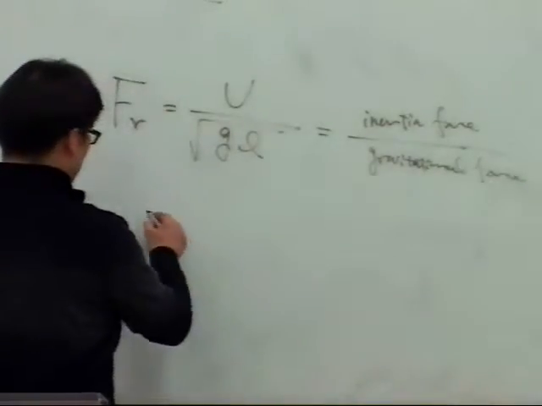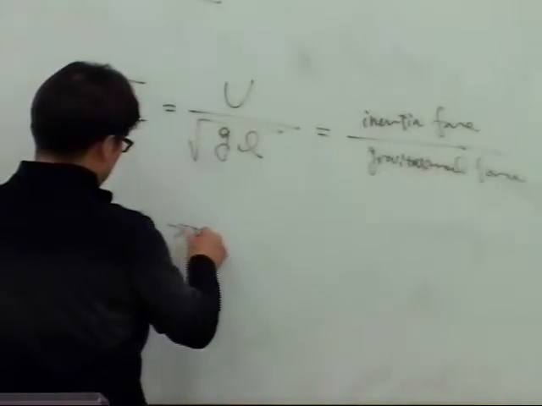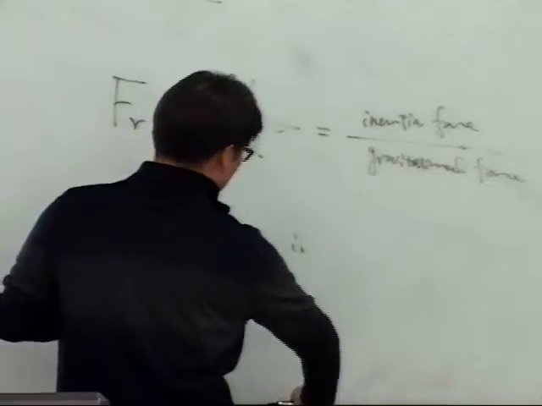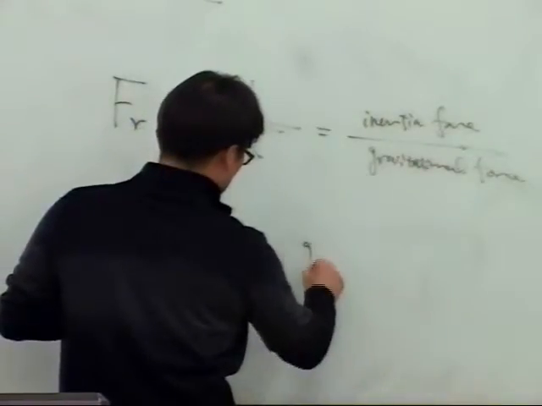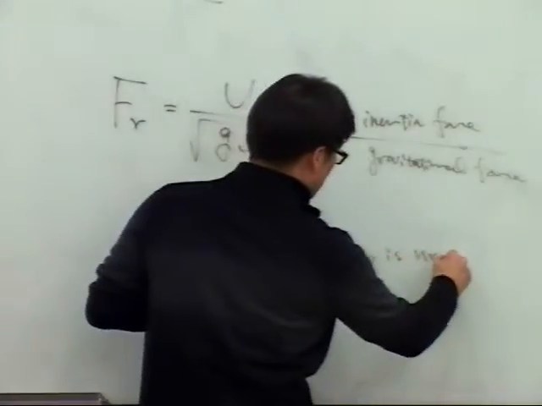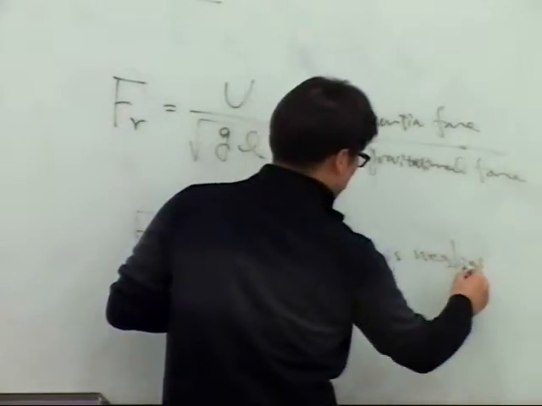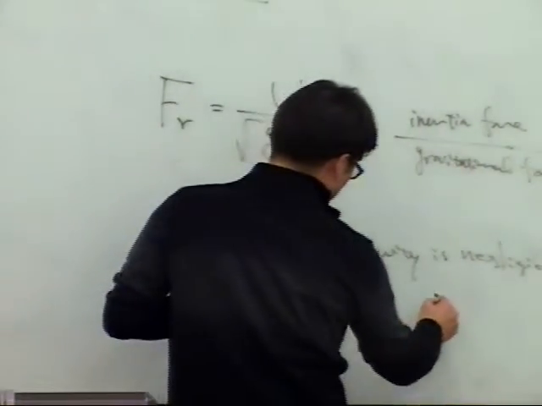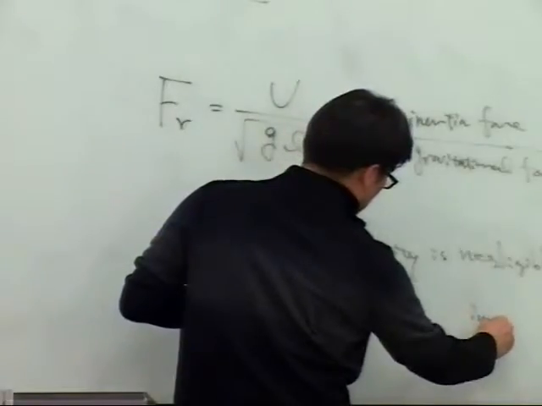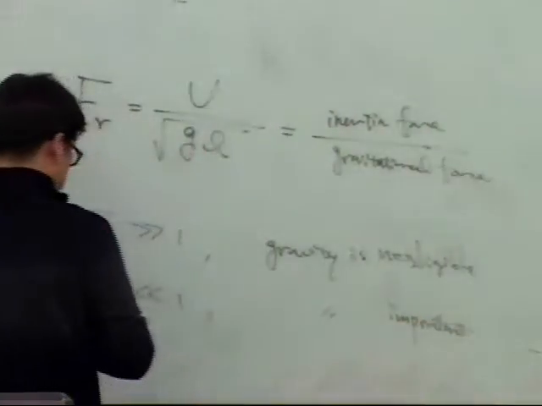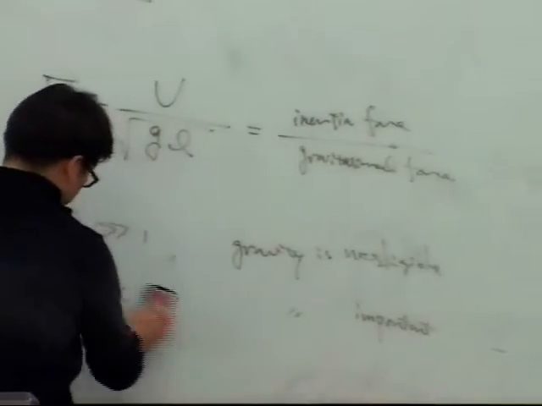If the Froude number is much greater than 1, then gravity is negligible. If the Froude number is less than 1, or order 1, then gravity is important.